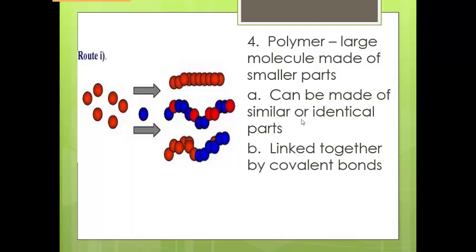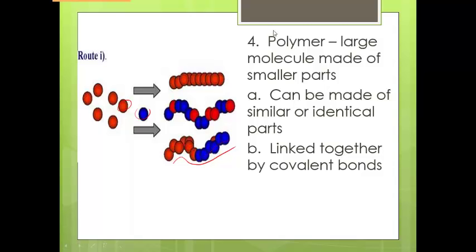If you've ever played with Legos or Lincoln Logs, or I don't know, there's all sorts of little building things now that you can get. You take the small pieces, the individual parts, and you can bond them together in all sorts of different ways. You could put them, like all the red ones here, then all the blue ones. You could make a pattern of different variety. You could just use all the red ones and not use any blue ones.